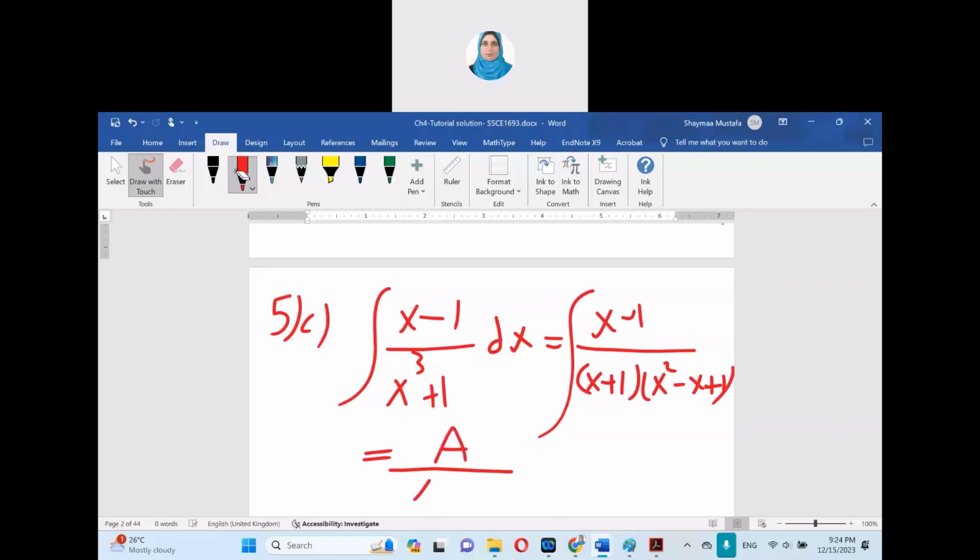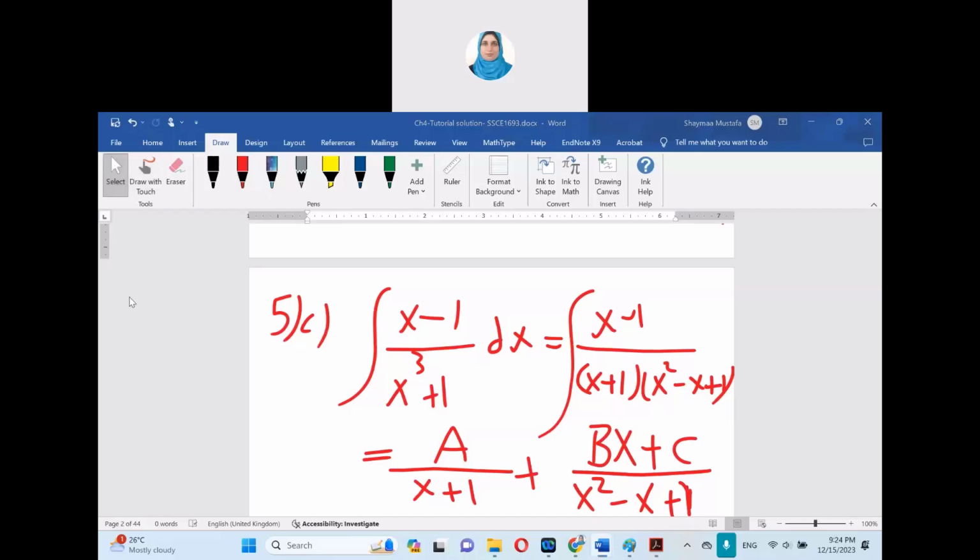So you need to make A over x plus 1, plus Bx plus C over x squared minus x plus 1. This one has no real solution, so it cannot be factorized, so we have bx plus c. Then you need to solve to find the value of a, b, and c.